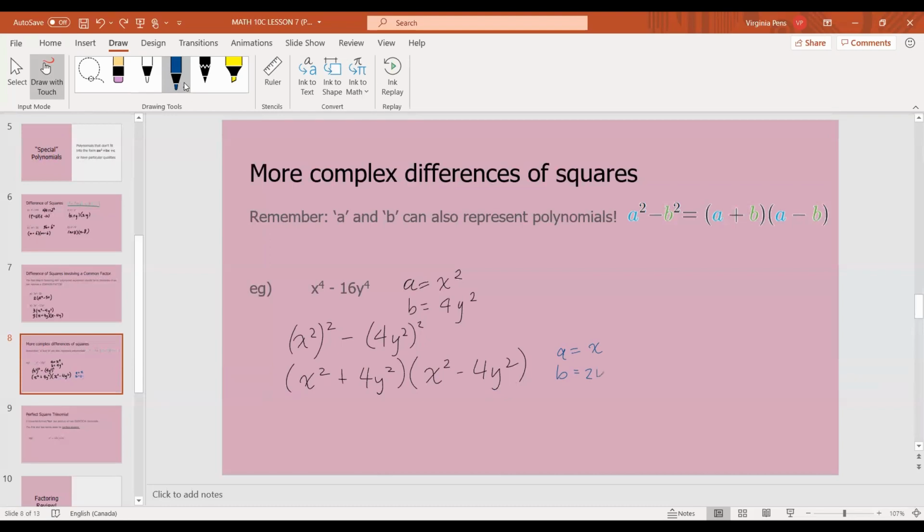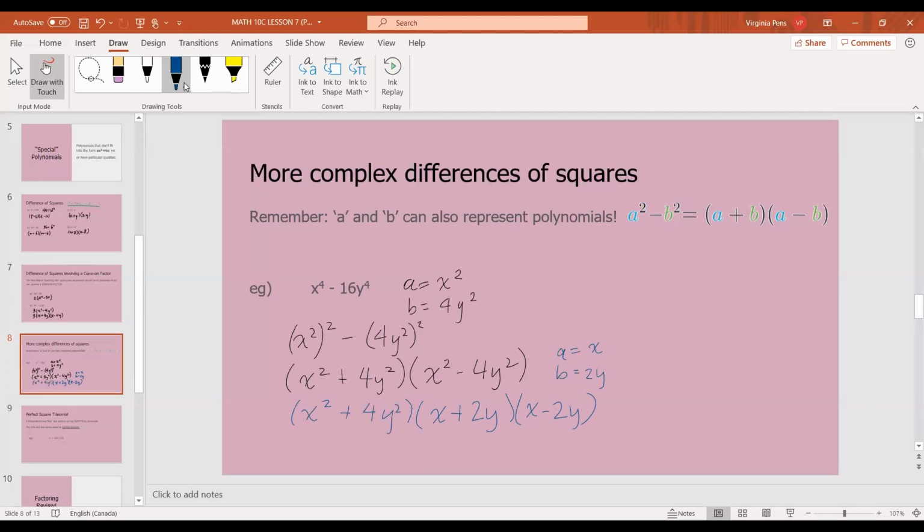So we can actually break this even further. This becomes x plus 2y times x minus 2y. Don't forget, we still have to bring down this original binomial. It hasn't changed, we just bring it down.